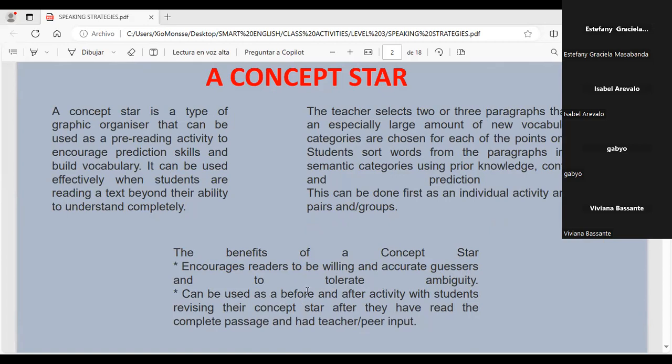It can be used as a before and after activity, with students revising their concept star after they have read the complete passage and have teacher and peer input. So you can do this activity, and you can change some things.